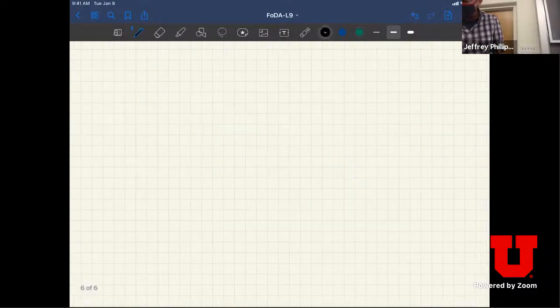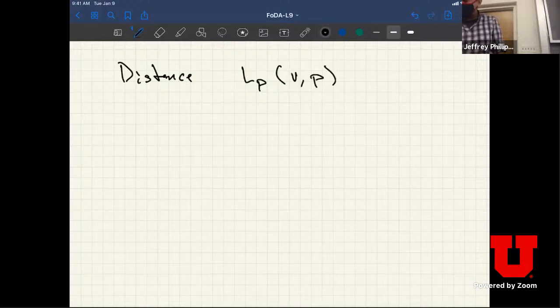Okay, I can also get a distance from a norm. I can call an LP distance between two vectors, let's say V and P, right? The idea is I can do V minus P here. So I can get some distance in between vectors, right?